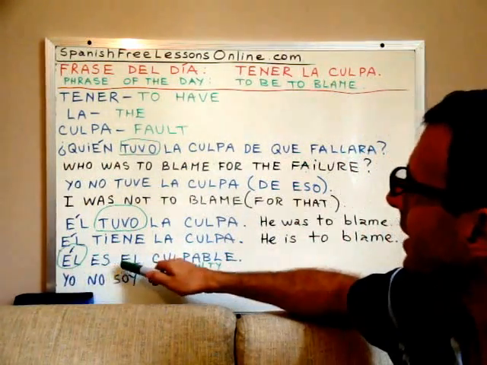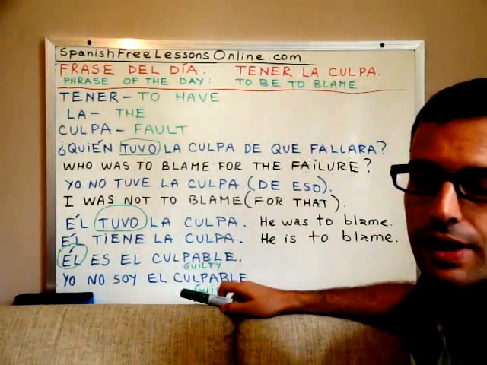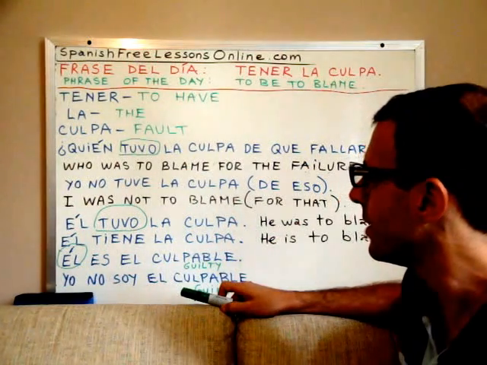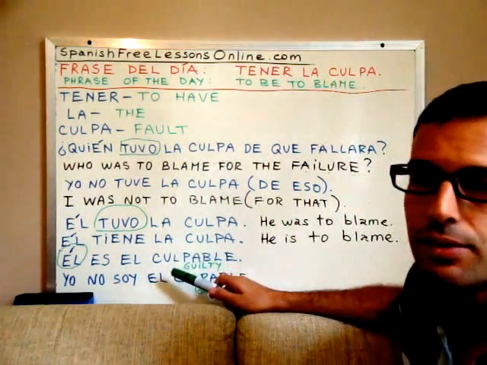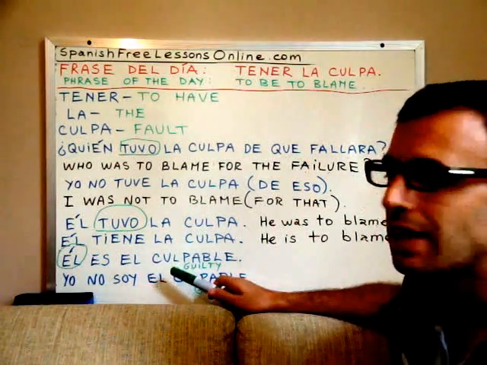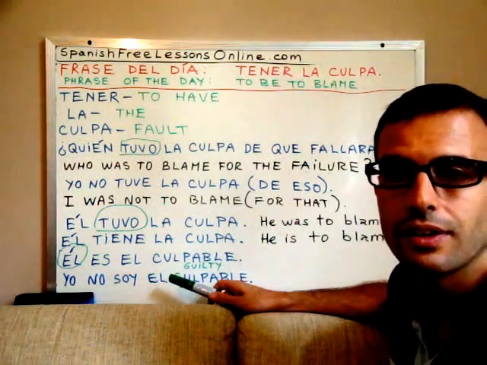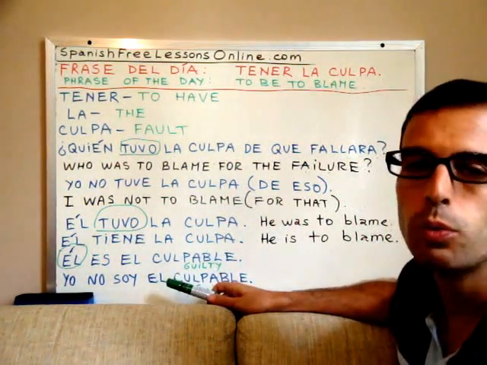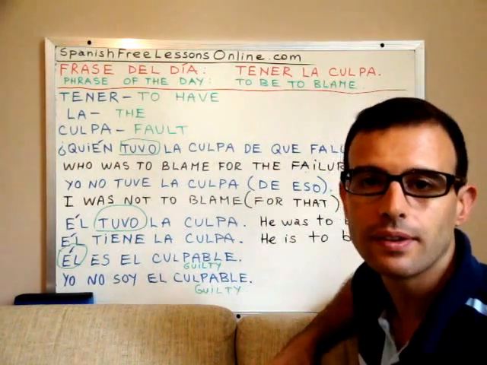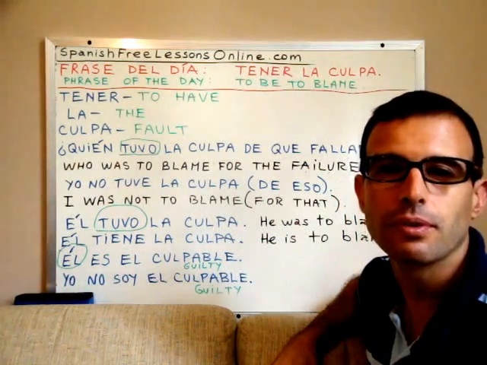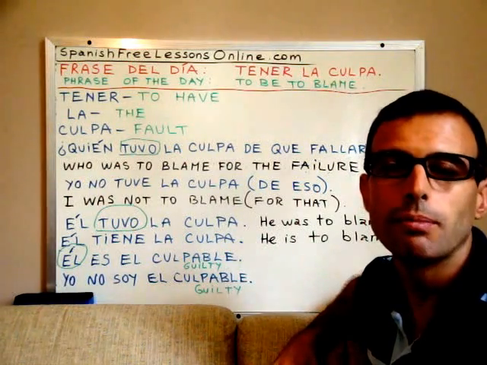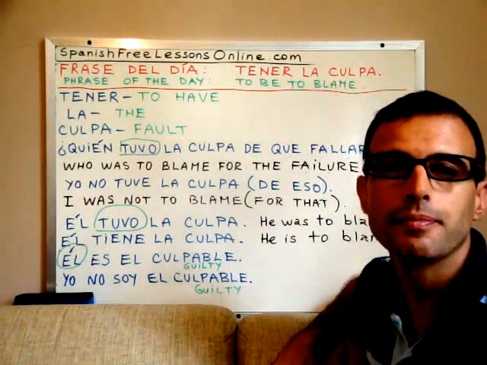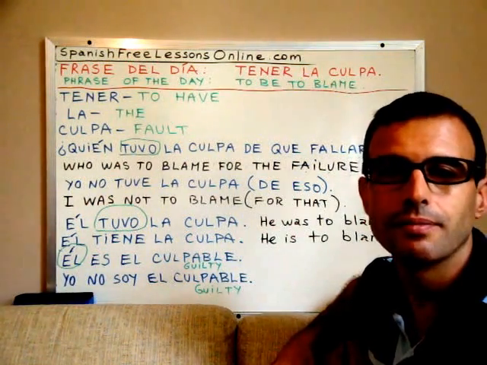Él es el culpable means he is to blame, but this literally means he is guilty. So, él es el culpable is quite rough, or very harsh, because culpable means guilty.